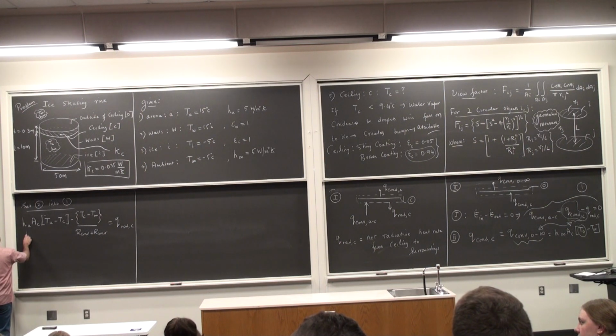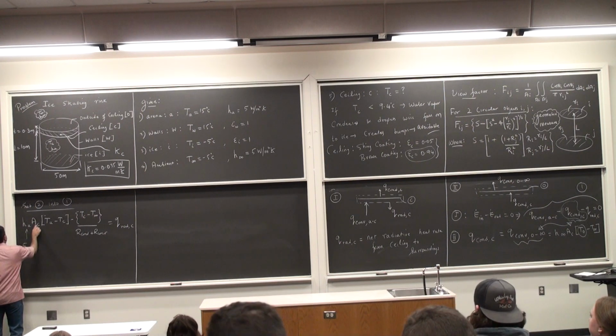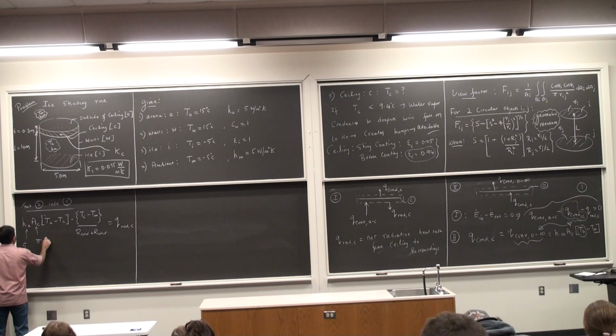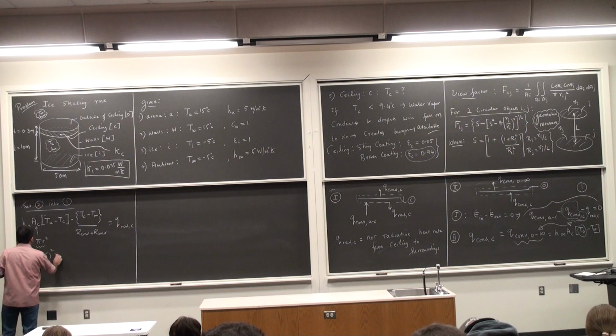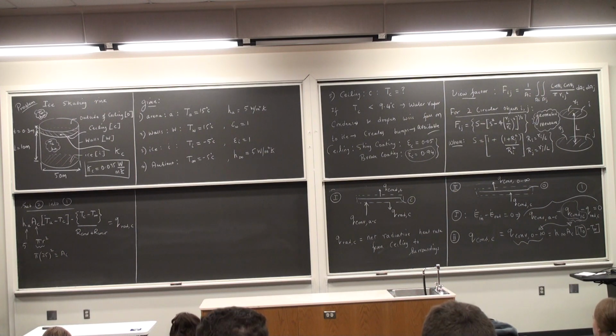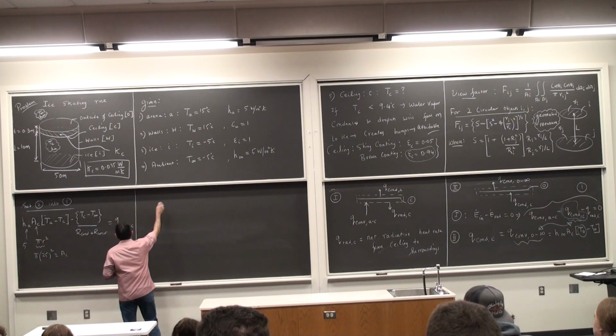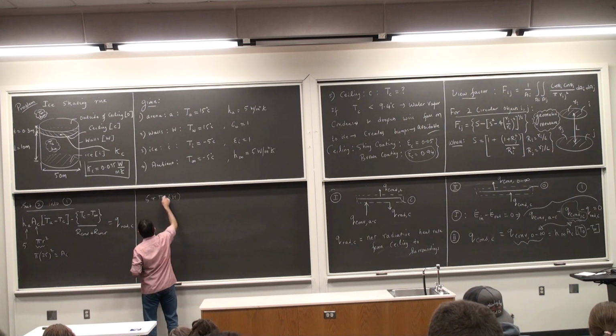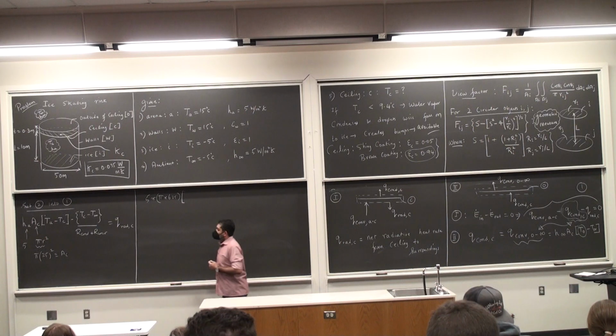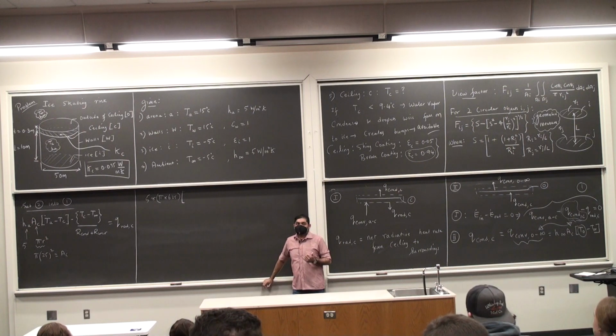So substitute. h is 5. The area is pi r squared, so 5 times 25 squared. The diameter of the ring was 50, so this is 625 pi. TA is known to me, 15 degrees. Let me do the substitution for this one particular thing. So I'm going to have 5 times 625. TA is 15.